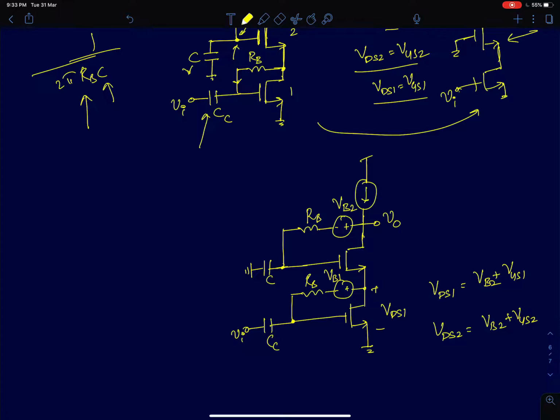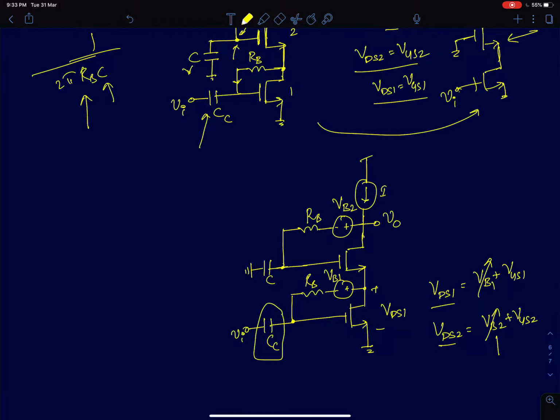By varying VB1 and VB2, you can have simulations for different values of VDS and VGS. Then you can do an AC analysis and simulate the gain.